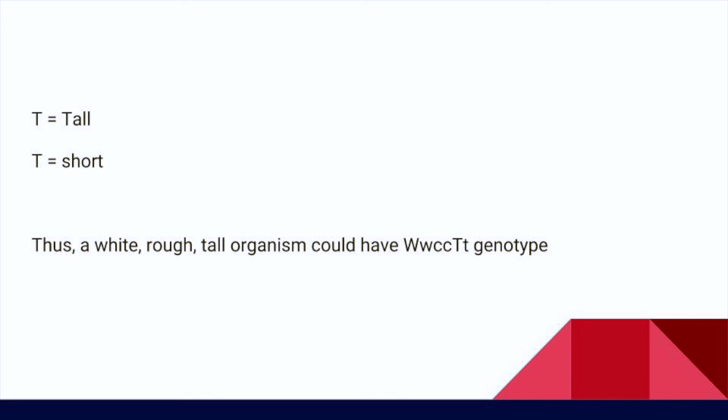Thus, a white, rough, and tall organism could have a big W, little c, big T, little t genotype. It can also be big W, little c, big T, big T.